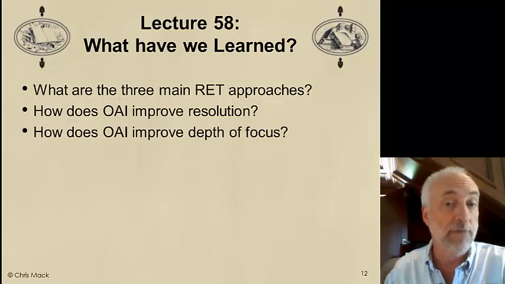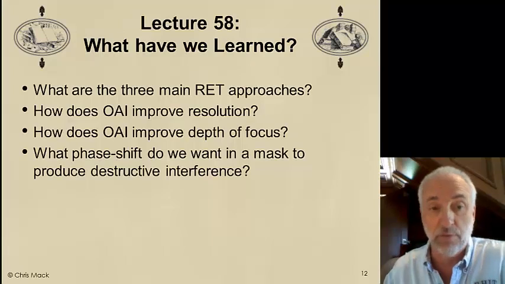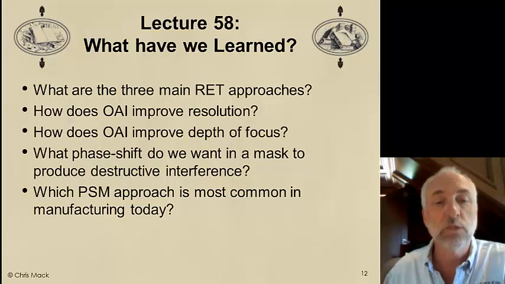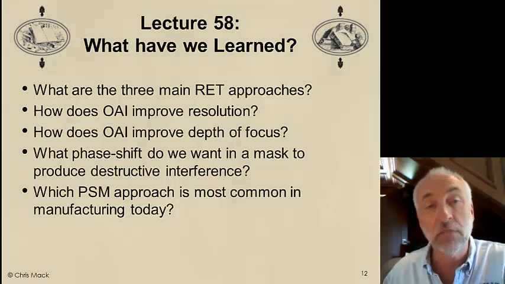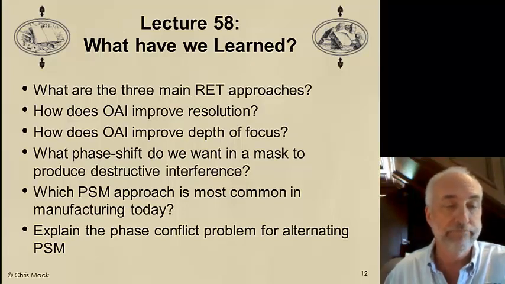How does off-axis illumination improve depth of focus? What phase shift do you want in a mask if you want to produce destructive interference? And finally, which PSM approach is most common in manufacturing today? Oh, one more. Explain the phase conflict problem for alternating PSM.